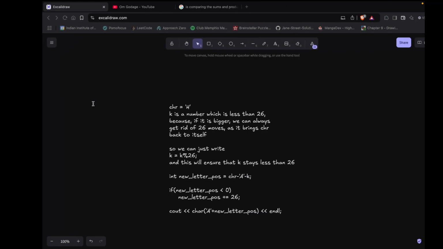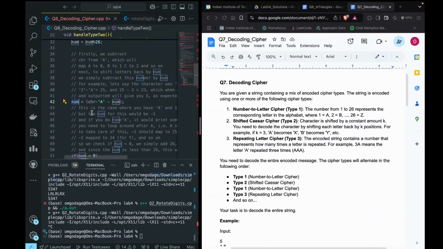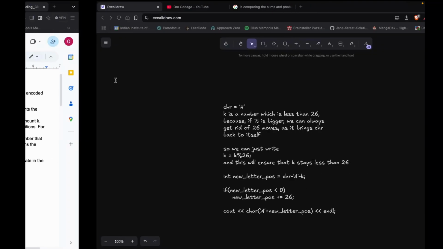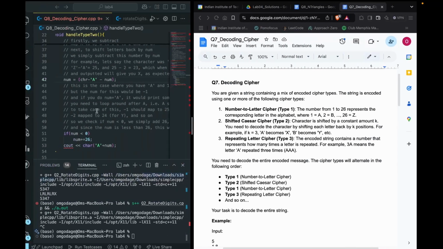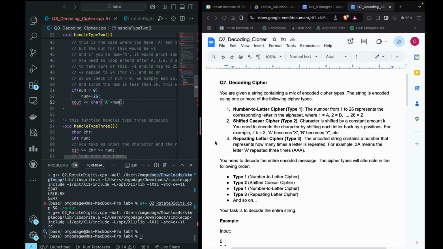I used a new integer called new letter pos, but I'm reusing num over here. So I store chr minus a minus num into a variable, and then if num is less than 0, I just add 26 and then I print out a plus num. Those are the 3 types of cipher.